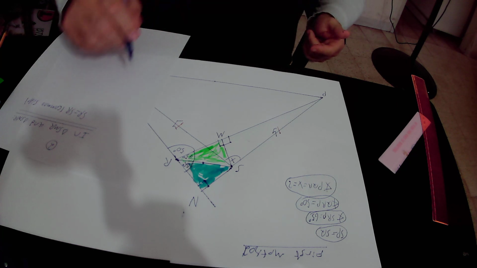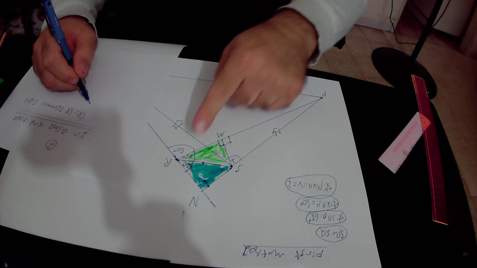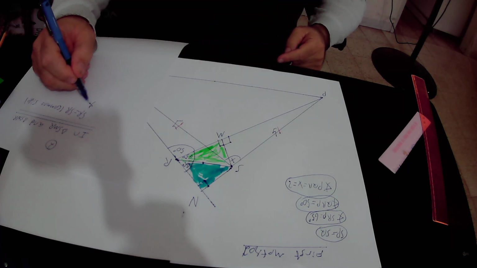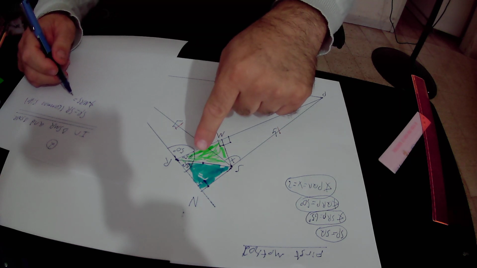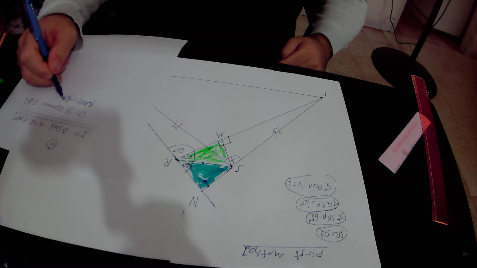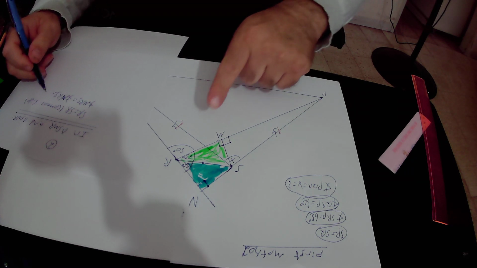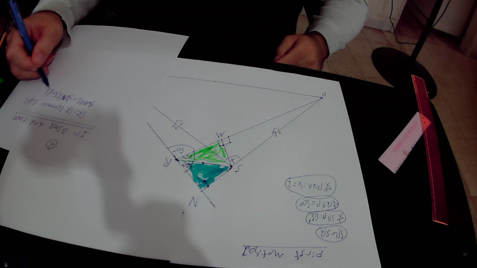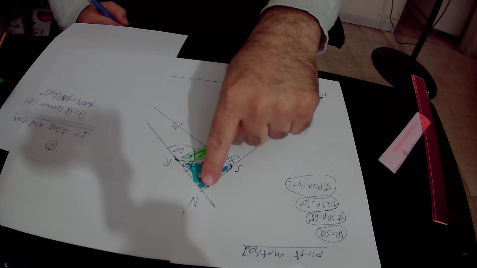So angle MRS, this angle in the green triangle, is equal to angle NRS in the blue triangle, and both angles are equal to 65 degrees. And we also have those two right angles. They are equal to each other.